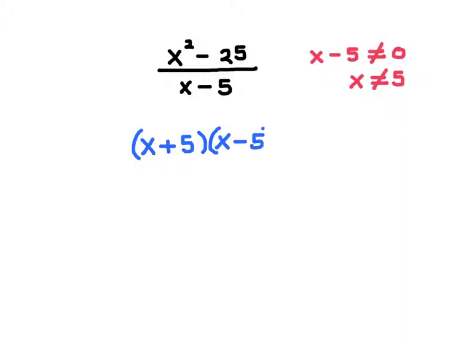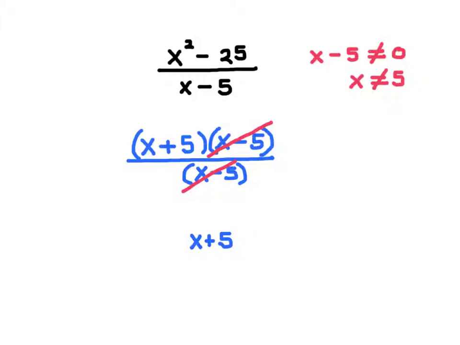If you FOIL these two binomials together, you will end up with x squared minus 25. Now let's write the denominator in, and you can see the denominator is x minus 5. Well, this is all multiplication, so the x minus 5's cancel out, and the simplified rational expression is x plus 5.